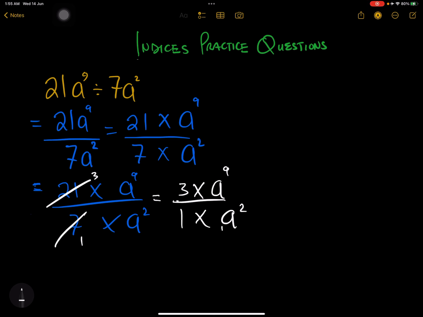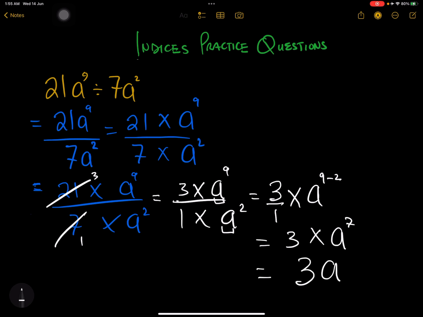Now, because this base and that base are the same and they are being divided, we can subtract their indices. So we're going to have 3 divided by 1 times a to the power of 9 minus 2, which gives us 3 times a to the power of 7, which is the same as 3a to the power of 7.